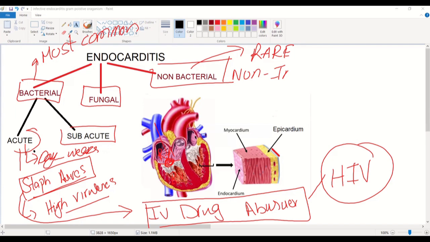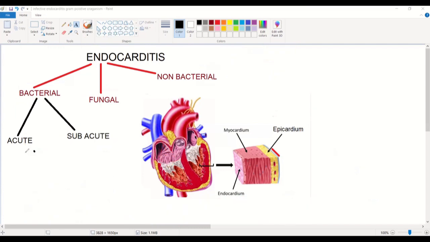Okay. Now if it is left-sided, which valve is most commonly affected in bacterial endocarditis? It is the mitral valve, right? Mitral valve.